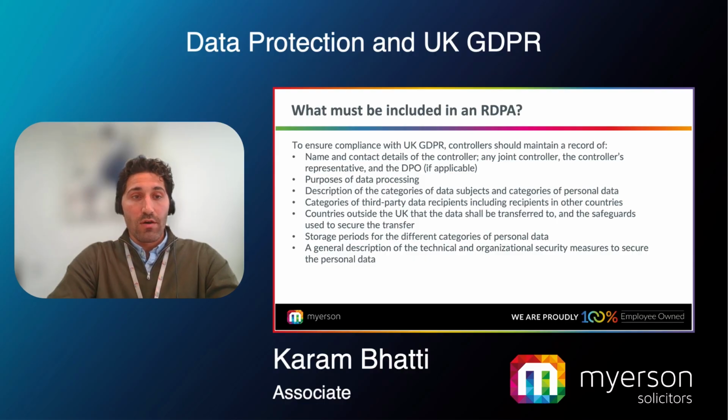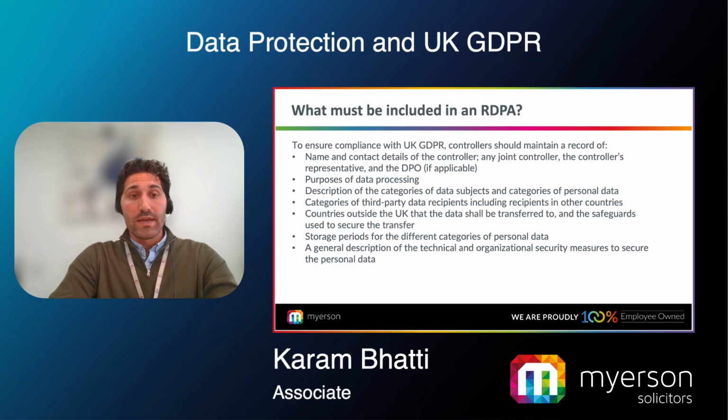This could consist of A, devising and distributing a questionnaire to the areas of the organisation which process personal data, B, meeting directly with key business functions to understand how they use data, and C, reviewing policies, procedures, contracts, and agreements. For example, privacy policies, data protection policies, data processor contracts, and data sharing agreements. Once you have a basic idea of these elements, you'll be in an informed position to begin documenting the information.